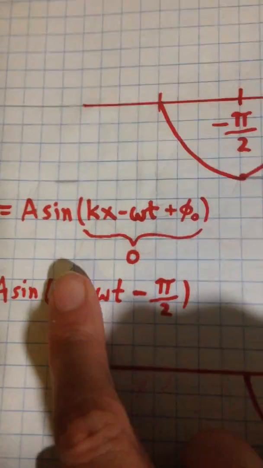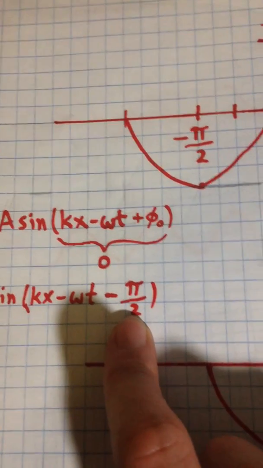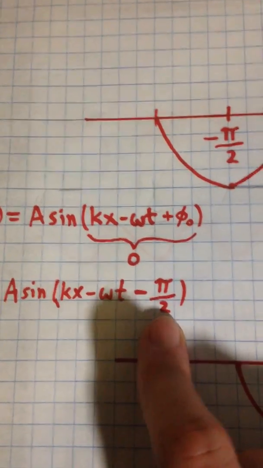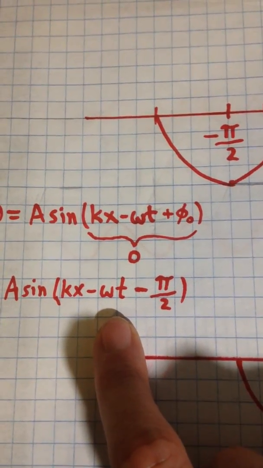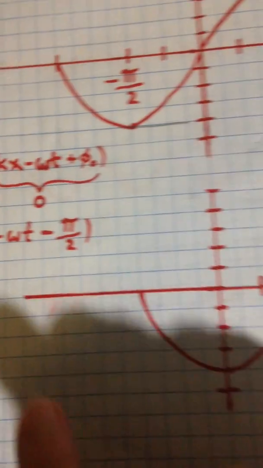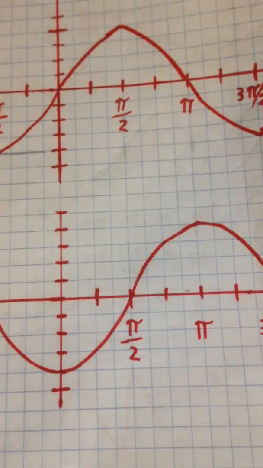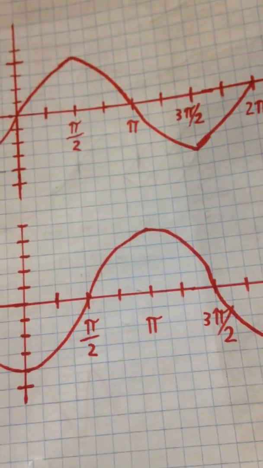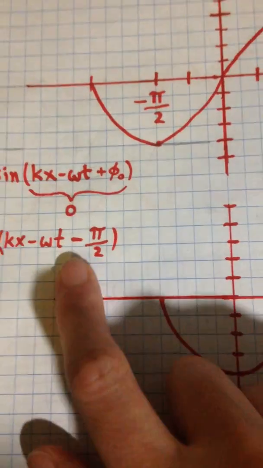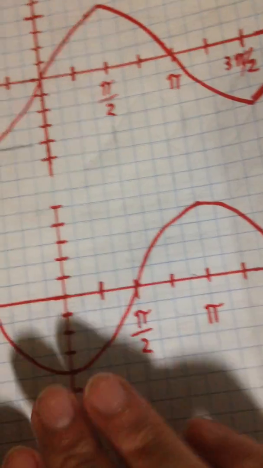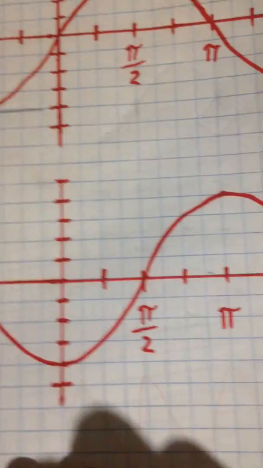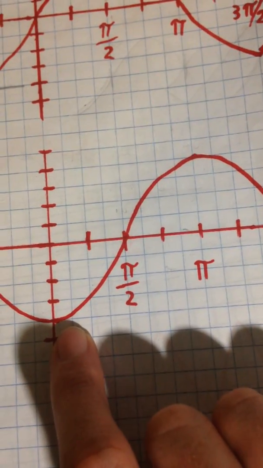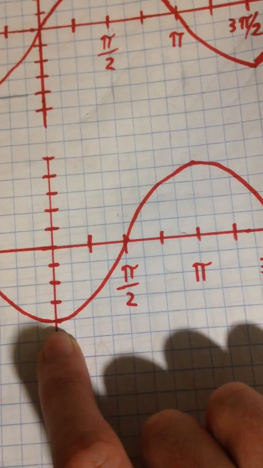But if you take that stuff and subtract pi over 2 from it, then it's the same as the opposite. So you're shifting the whole thing forward pi over 2, instead of shifting it back, which is a little confusing, so I thought I'd clarify that. If it's negative, shift the whole thing forward. And you can see that when this thing's shifted, it starts at the minimum and then it goes up.